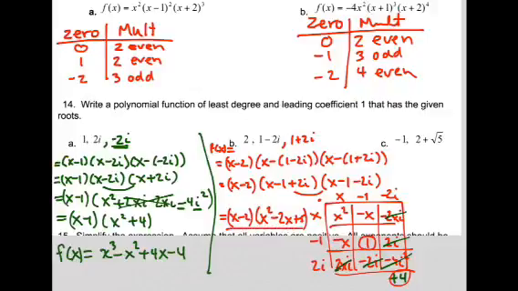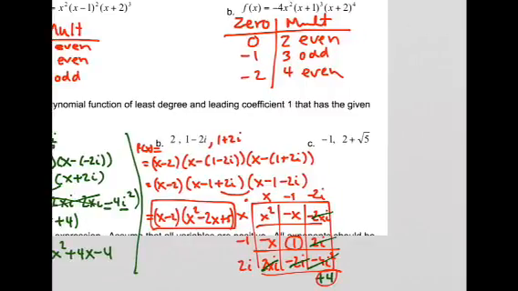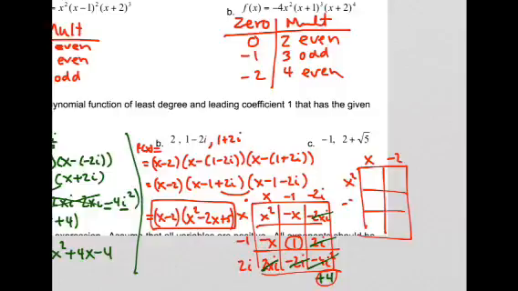So I'm going to multiply these two together, and I'm running out of room, so I'm just going to put it up here, and I'm going to do it vertically like this. So x minus 2 goes here, x squared minus 2x and 5 right here.